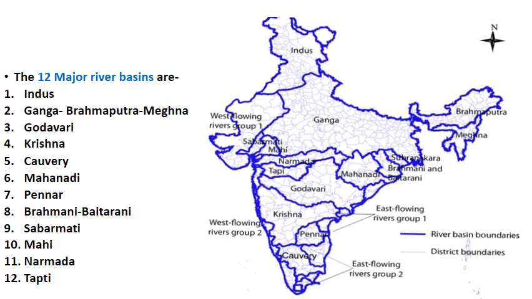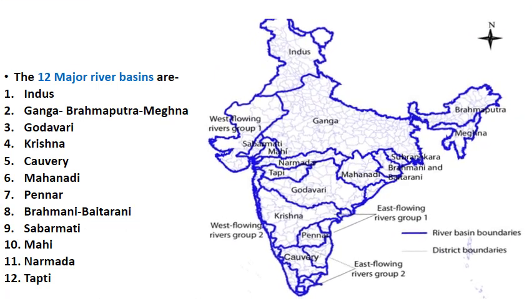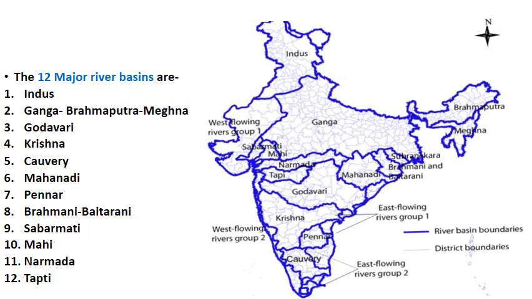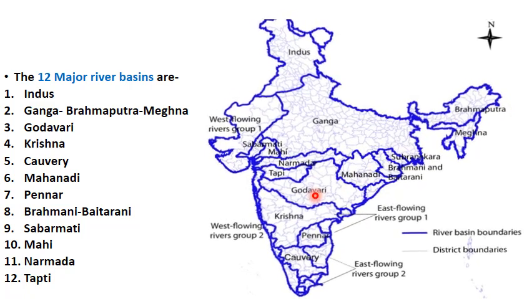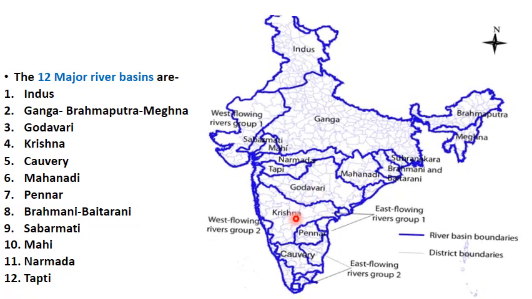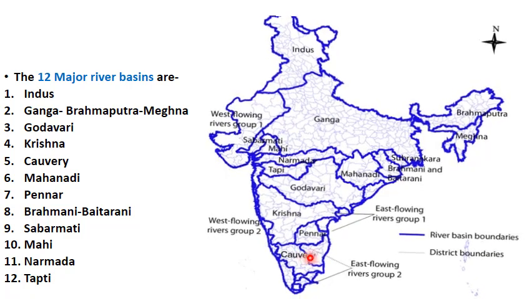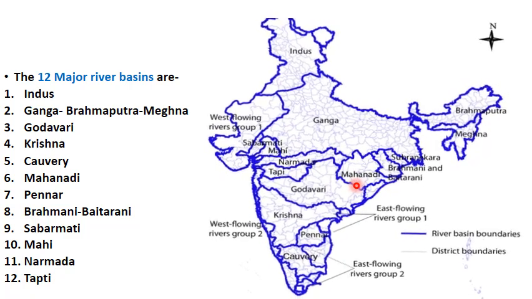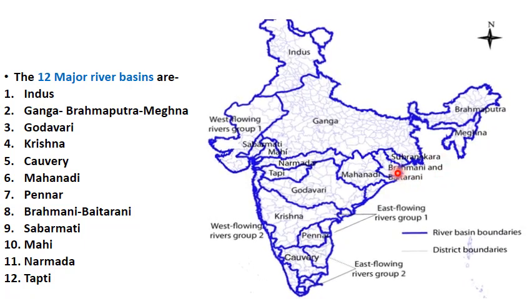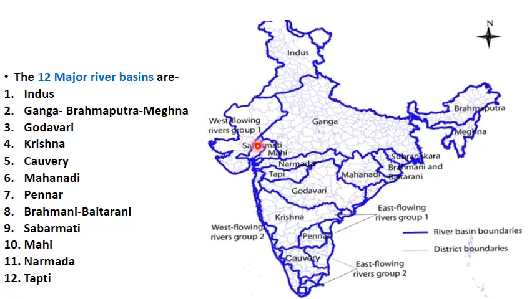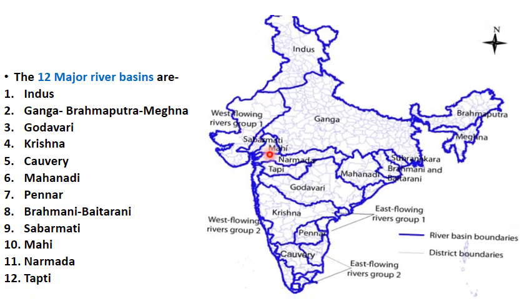These are the 12 major river basins: Indus, Ganga, Brahmaputra, Meghna, Godavari, Krishna, Kaveri, Mahanadi, Pennar, Brahmani, Baitarani, Sabarmati, Mahi, Narmada, and Tapti.